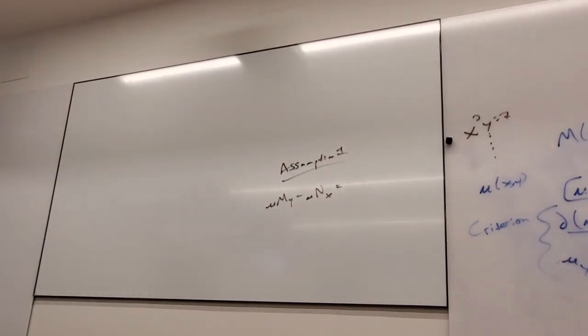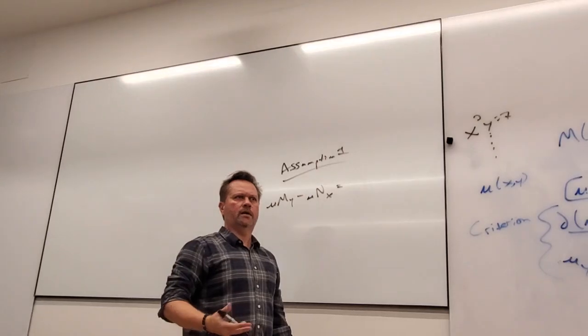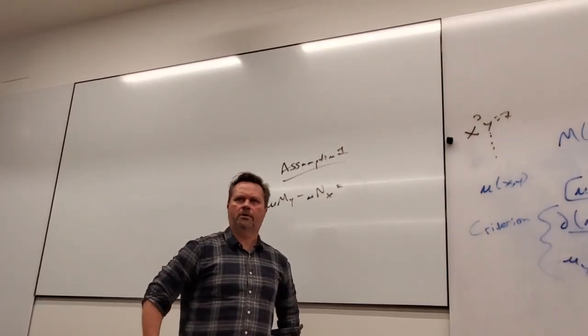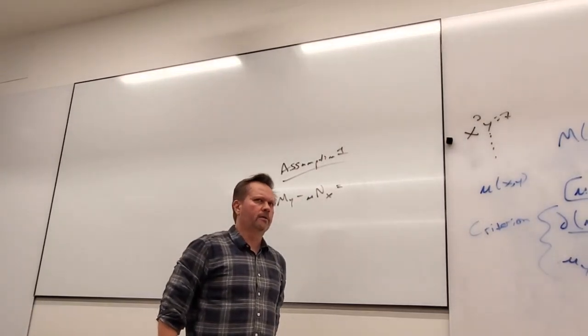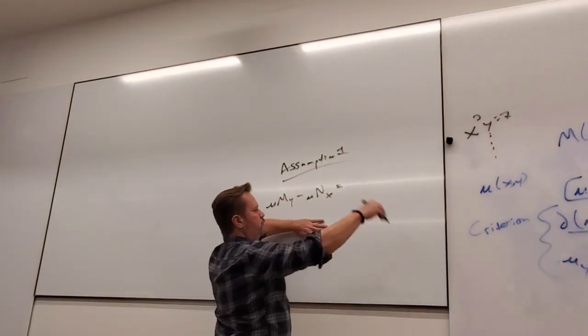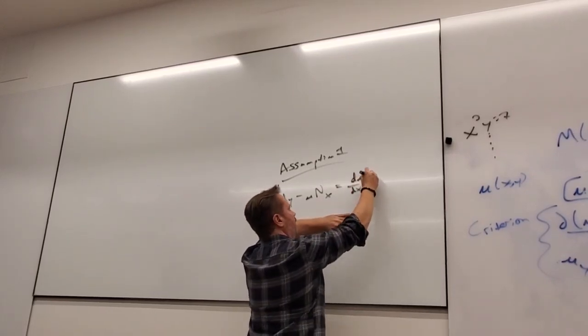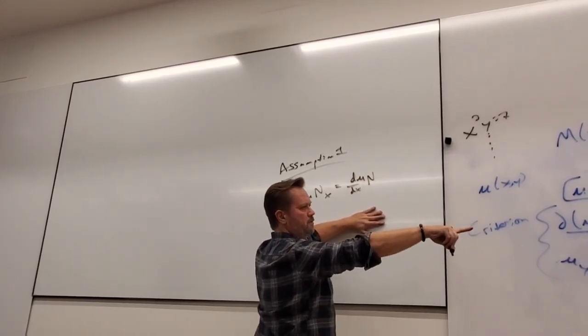It would just be d mu dx. It's not a function of two variables anymore, so I don't need partials. Are you guys with me? Okay, so it equals d mu dx times N, and of course the other piece becomes 0.